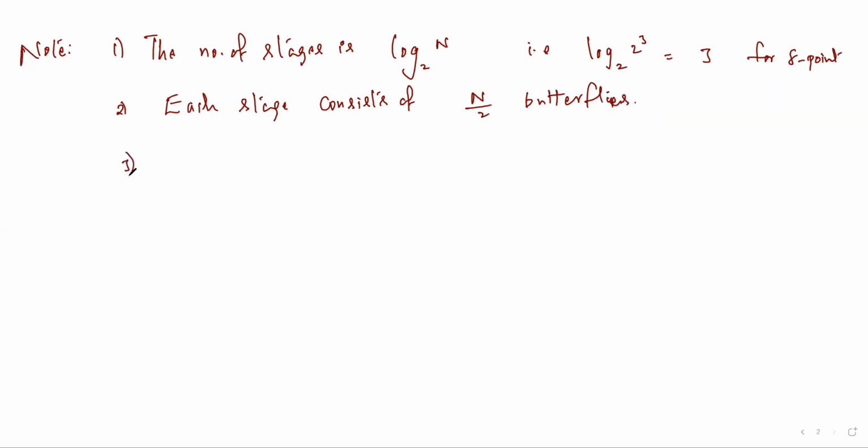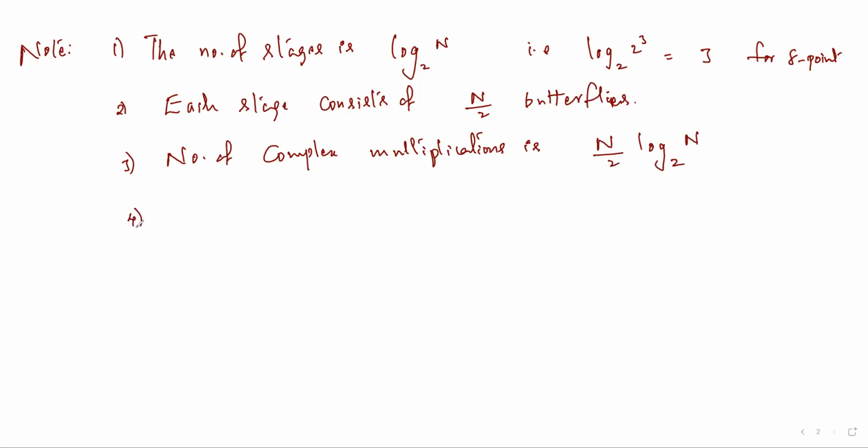Third point: the number of complex multiplications is N by 2 log N base 2. Fourth one: if audio is in mute condition, please let me know.